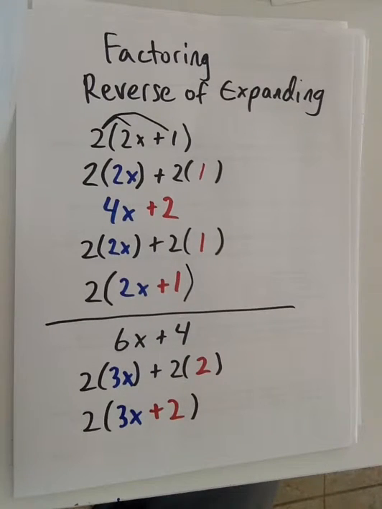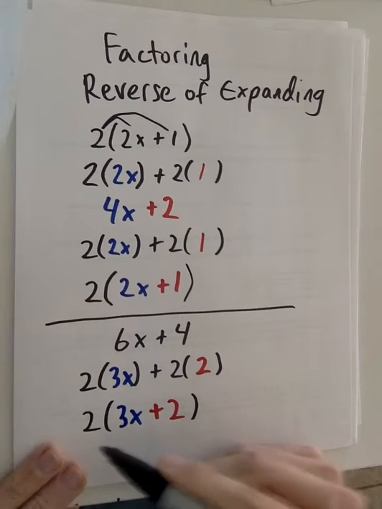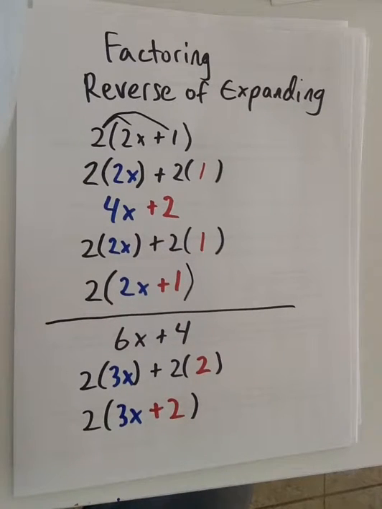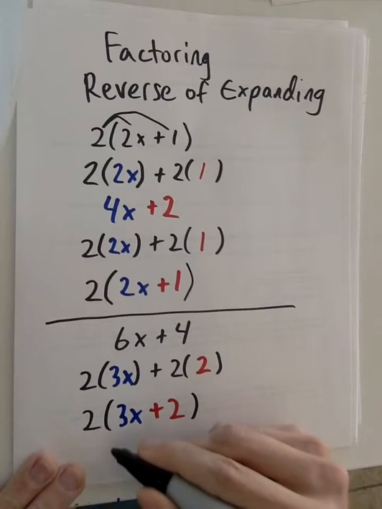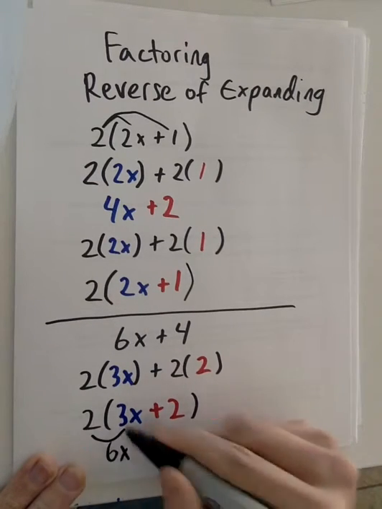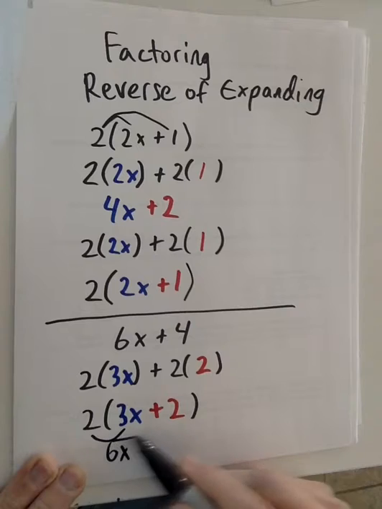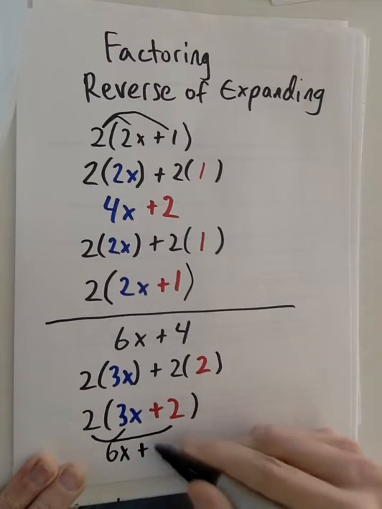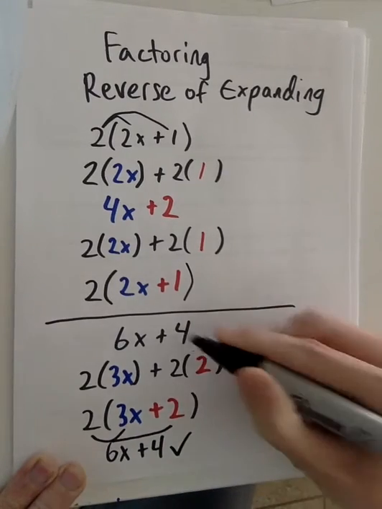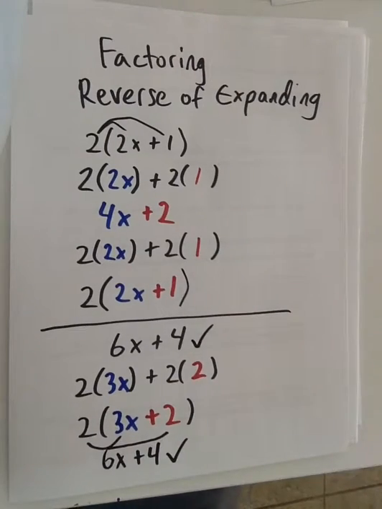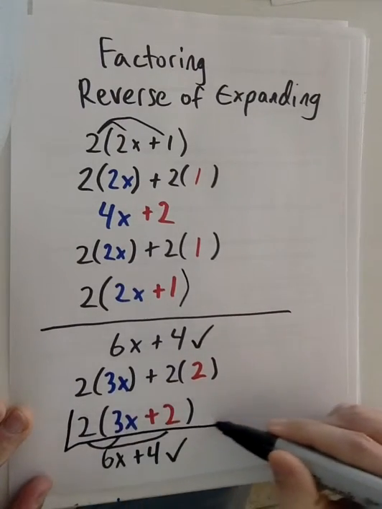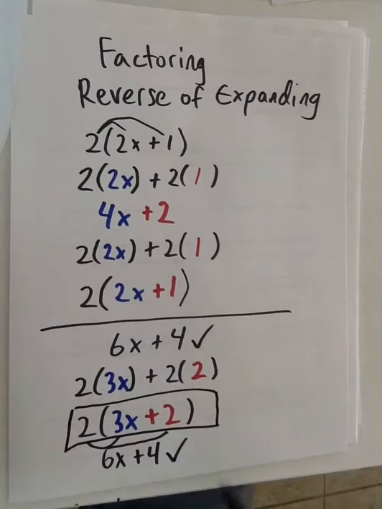And it's good to know you can always check to make sure your factoring is correct by going in reverse and expanding this expression. So if we did 2 times 3x, that would be 6x. And if we did 2 times 2, we would have positive 4. So that is back to where we started. So that's how we know this is our factored expression for 6x plus 4.